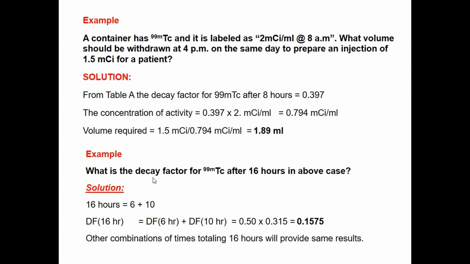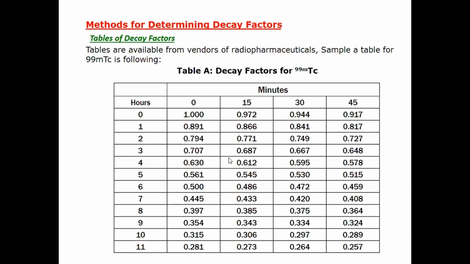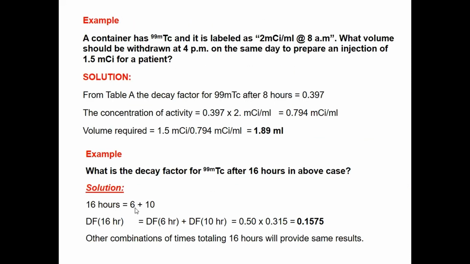Another question is, what is the decay factor for the technetium after 16 hours in the above case? Now, you look at the table. I go back to the table. Here we have values up to 8 hours, up to 6 hours. So we can convert that. We have a total of 16 hours, so 6 plus 10 is this.